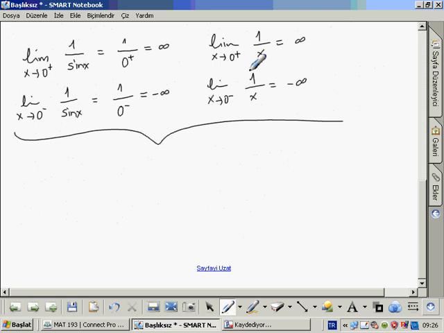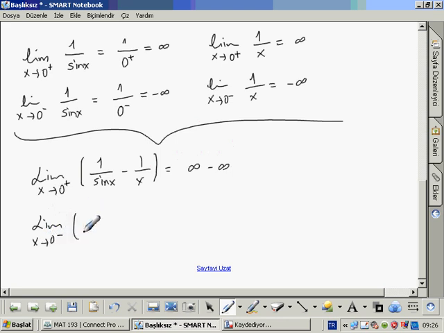When you use these two one-sided limits, you can say that the limit x equals to 0 from the right hand side of 1 over sine x minus 1 over x is equal to infinity minus infinity, right? And then, limit x equals to 0 from the left hand side, 1 over sine x minus 1 over x, that's equal to minus infinity, and the other part is minus infinity, so it will be plus infinity.